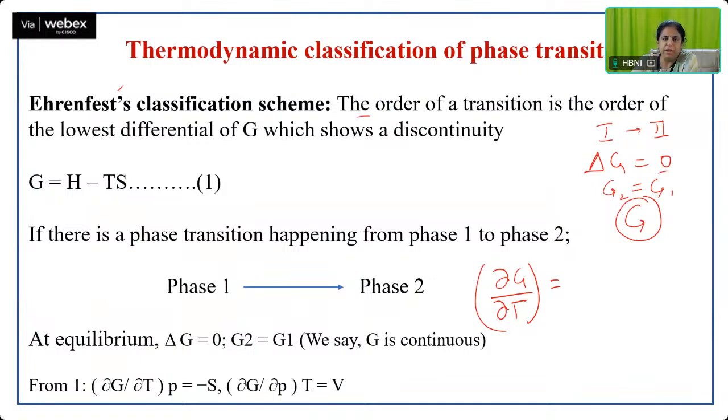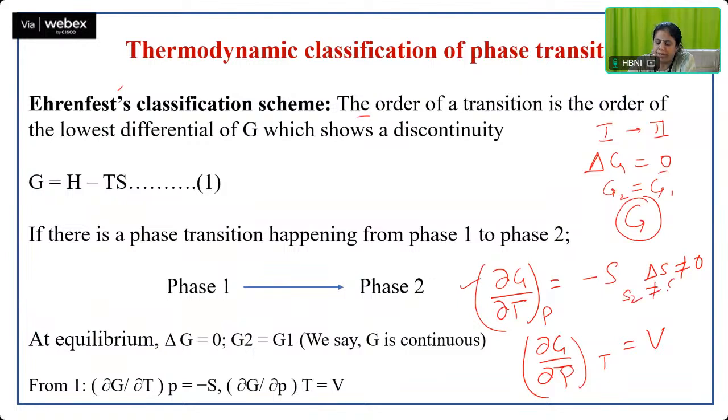From thermodynamics, at constant pressure, we know that it is minus S, and the differential of free energy with respect to pressure at constant temperature is V. Now, when we say that for the first order phase transition the first differentials of G with respect to temperature and pressure are discontinuous, it means delta S is not equal to 0, or S2 is not equal to S1.